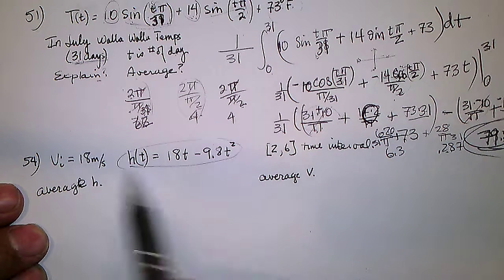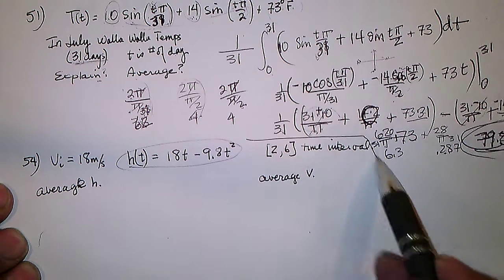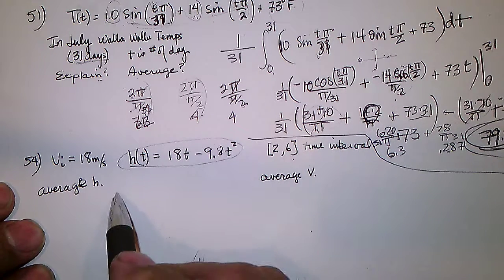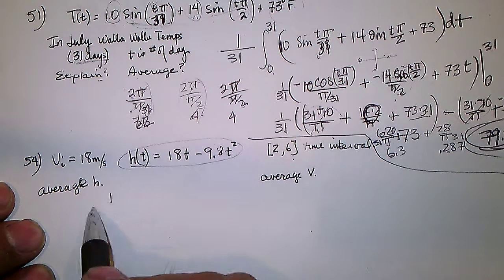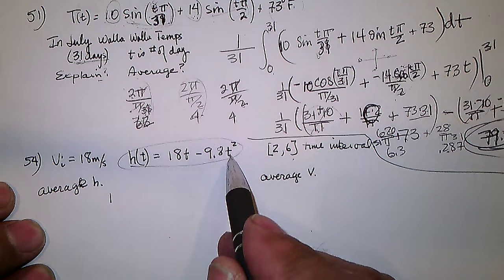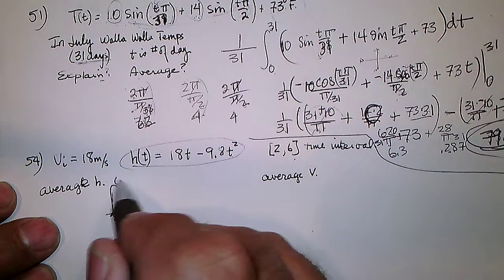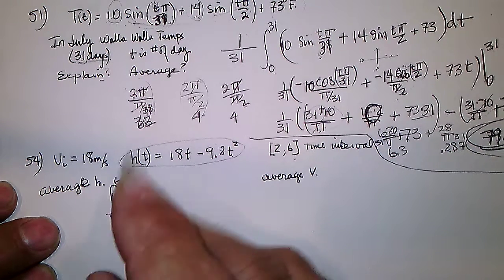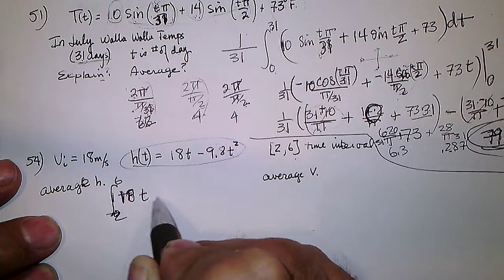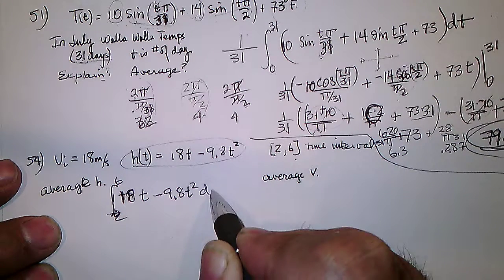Here's the equation for the height. What's its average height over the first 2 to 6 seconds? So the average height would be the integral of this function from 2 to 6 of 18t minus 9.8t squared dt.